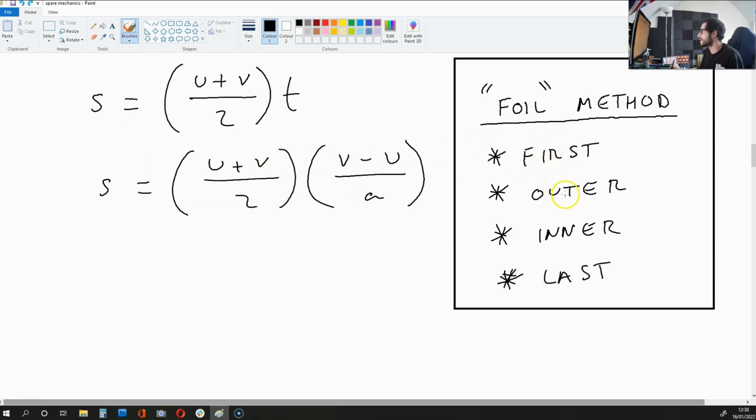That is, first, outer, inner, and last, okay, to expand these brackets over here.